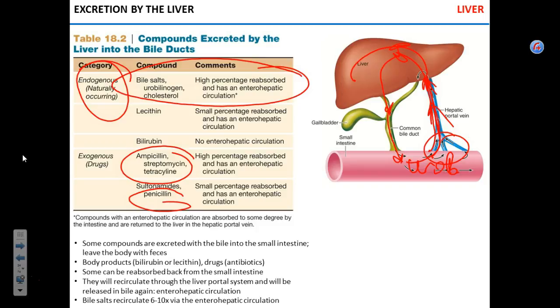That makes sense. The same is true for urobilinogen and cholesterol. Bilirubin isn't reuptaken, lecithin to a small extent.